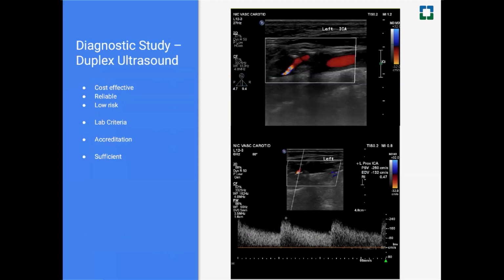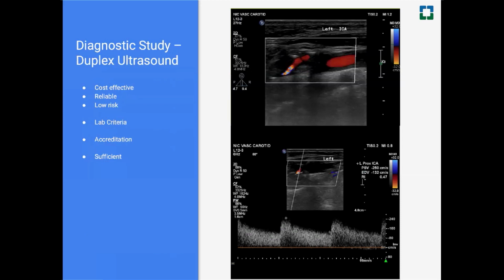I believe that it's really important to have specialty techs that focus on vascular ultrasound and testing, and that involves accreditation. Ultrasound has been proved to be cost-effective and very reliable in terms of being able to repeat findings across different operators and across different labs.